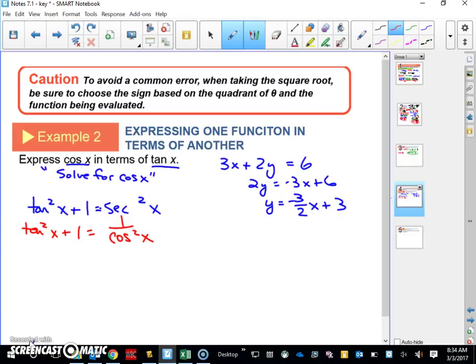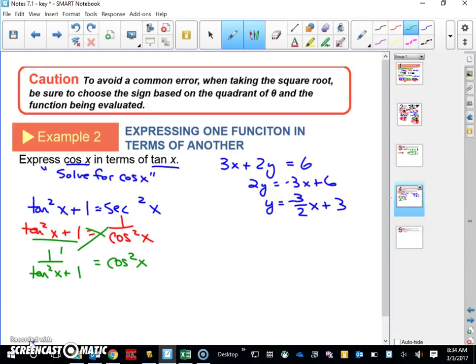There's a couple of ways of thinking about it. If you want to think about it as cross multiplication, go for it. Or if you want to think about flipping the equation, you don't want this cosine x on the bottom. So essentially we're flipping it, and it would say cosine squared x equals 1 over tangent squared x plus 1.